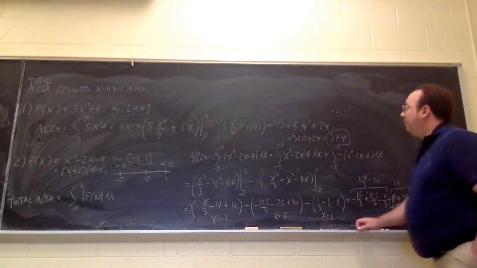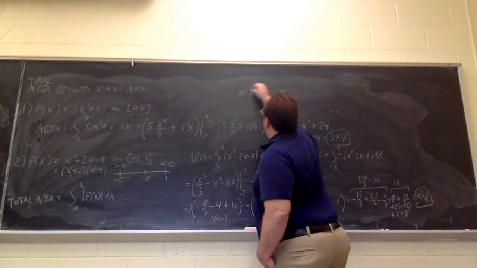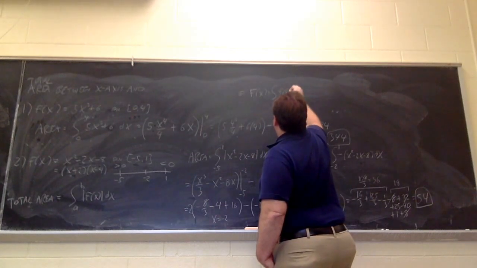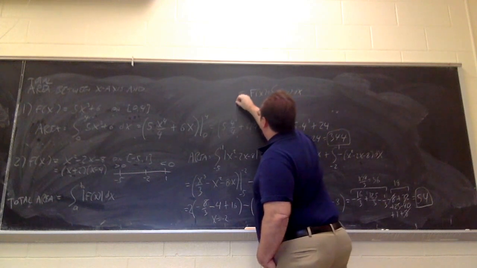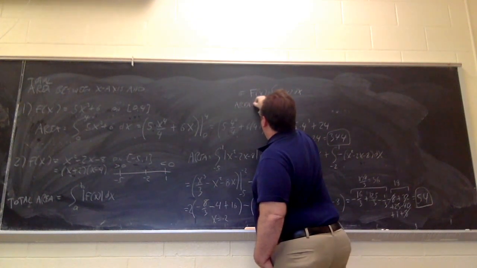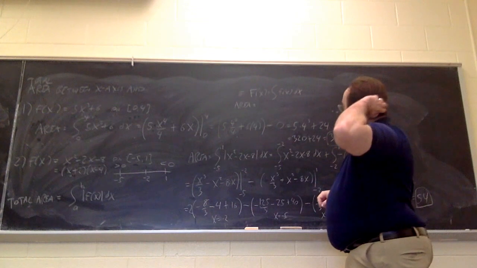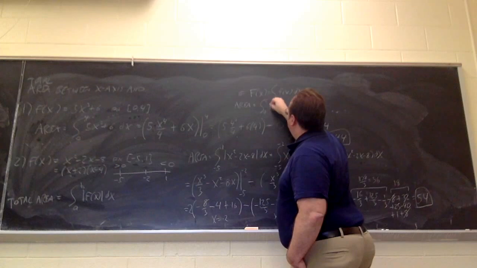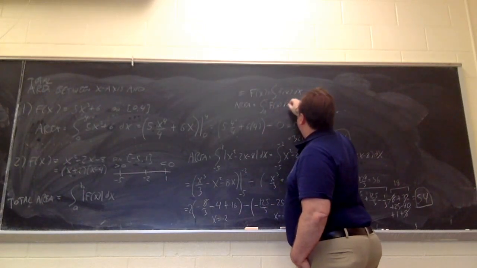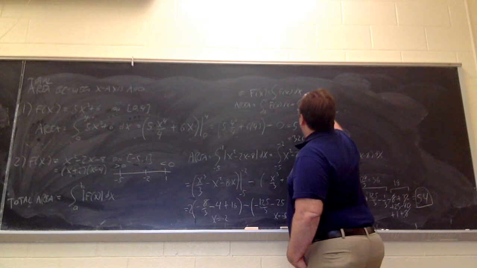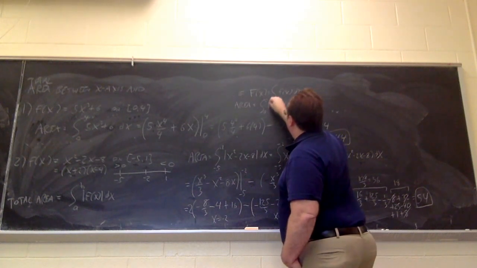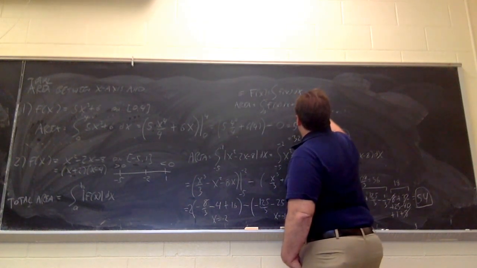So in general, if big F of x is the integral of little f of x, let's suppose that you're integrating from a to c of f of x because it's positive on this interval, and then again from c to b, minus f of x dx, where little f is what goes in here.